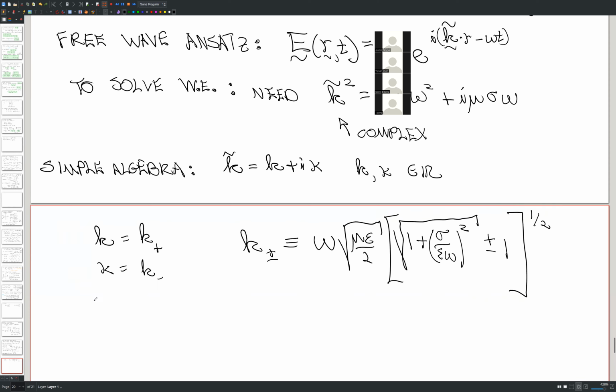Now, understand what this means. What this means is that the electromagnetic wave that we have in this conductor behaves in an attenuated way.